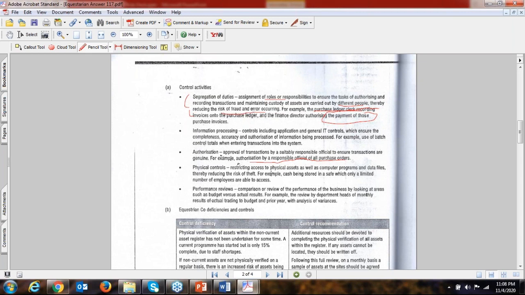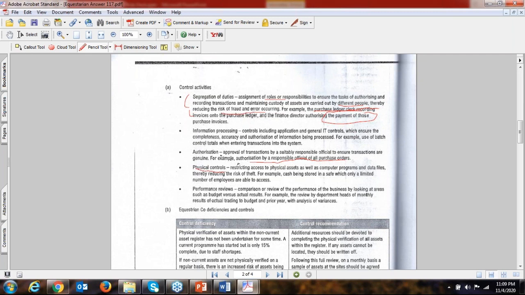Now the other control activity is physical control. For physical controls, you just need to mention the generic definition: restricting access to physical assets as well as computer programs and data files. So this is the generic definition.